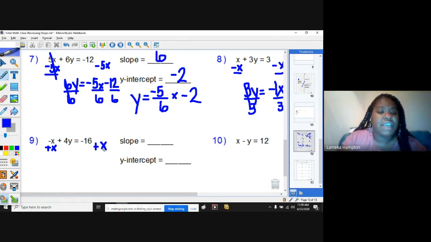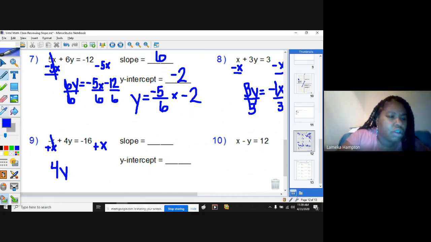So I cannot say negative 16 plus x is equal to negative 16x. That is wrong. Do not do that. Don't be that guy or girl. Now that I've done this, this is going to cancel out. I have 4y.